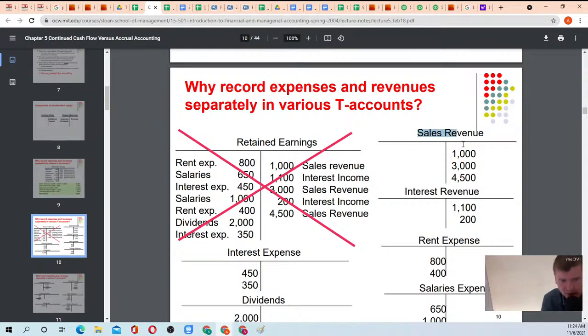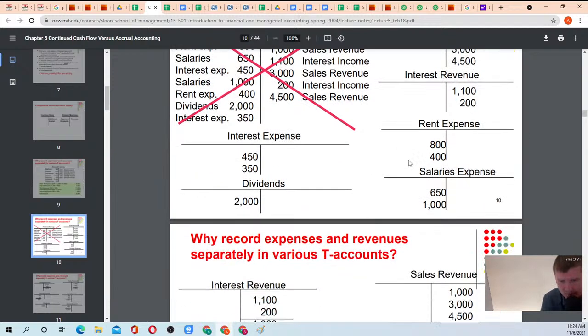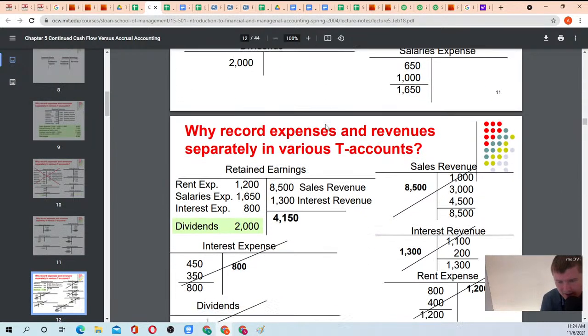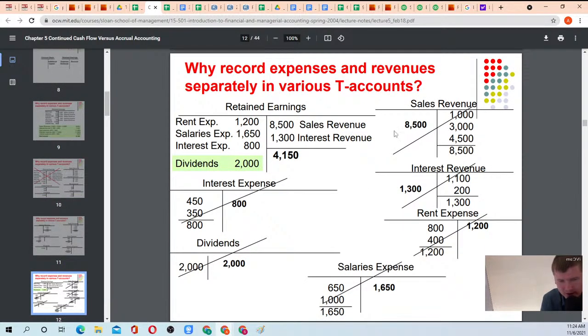So every account has a sub account, and then we calculate the totals for every account, and then we close the totals to these two here.